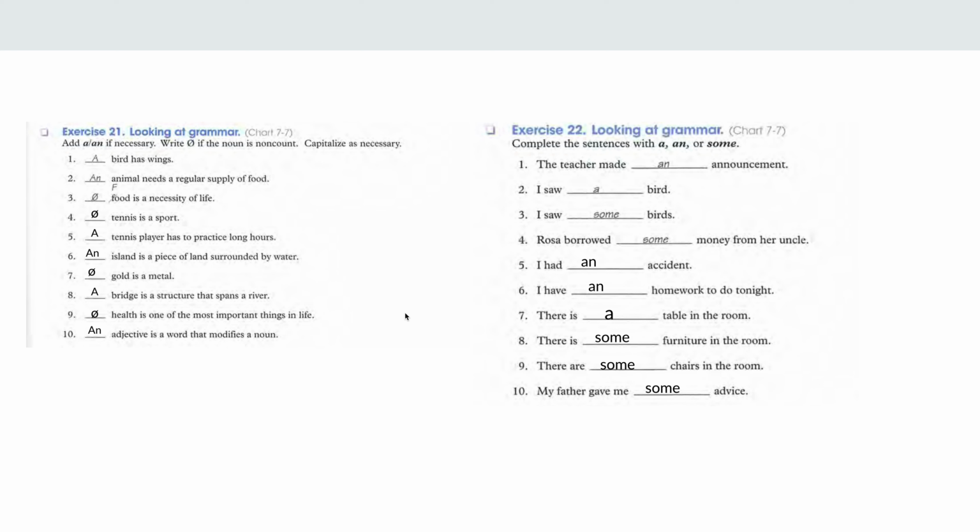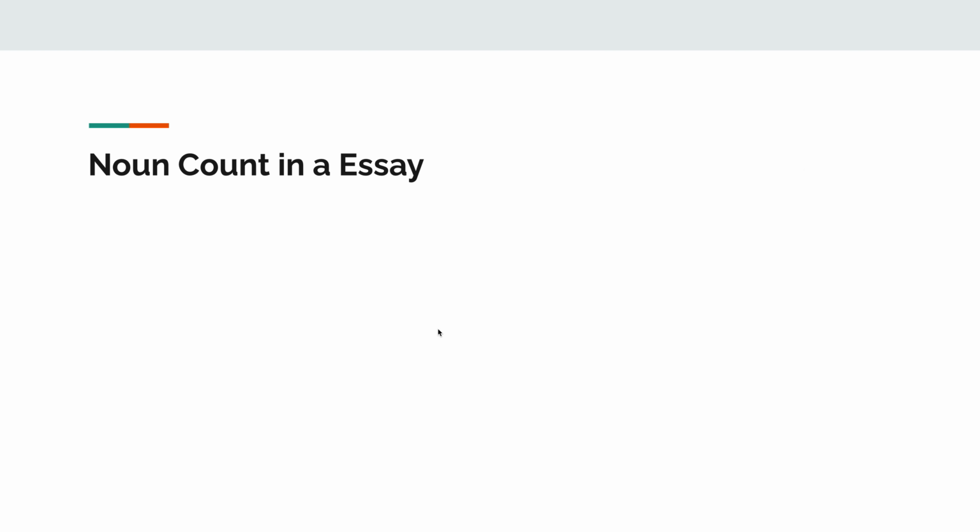Those are just the general practice, and I think most of us should probably do well on these simple examples. But when we apply it to an essay, we tend to make mistakes. I did as well in my last essay, and I have two examples.